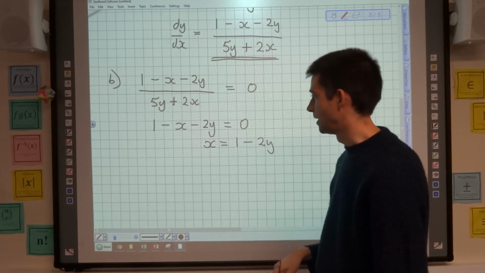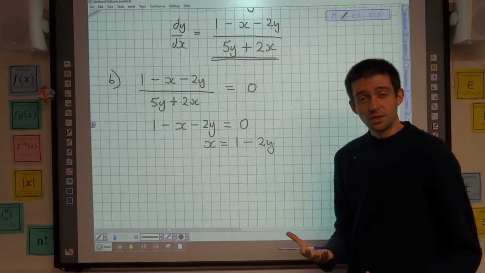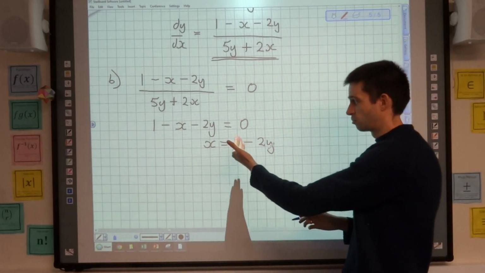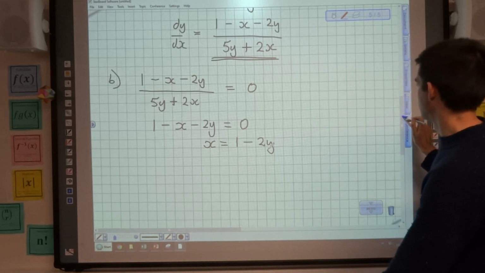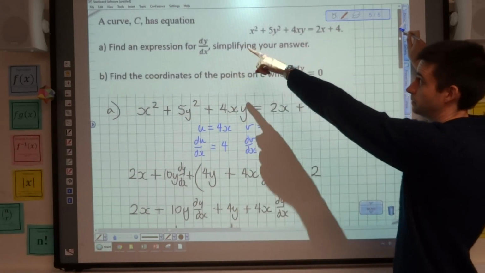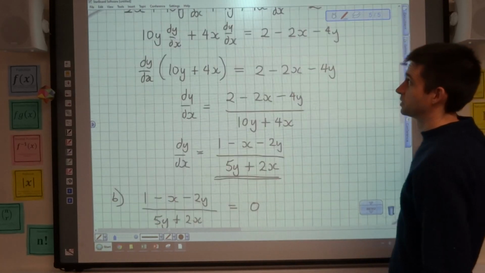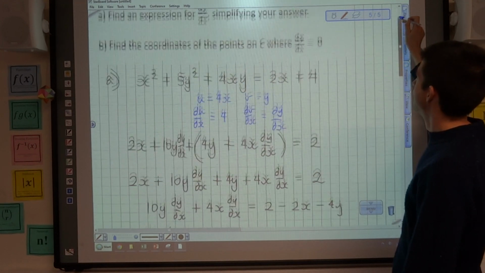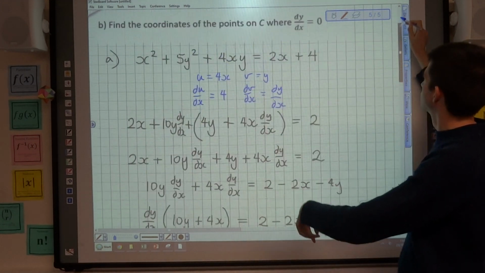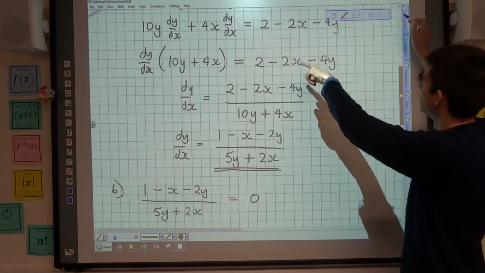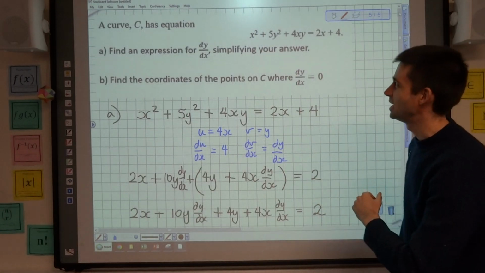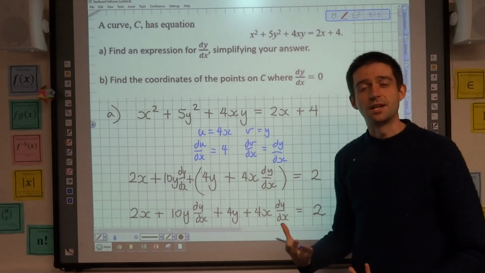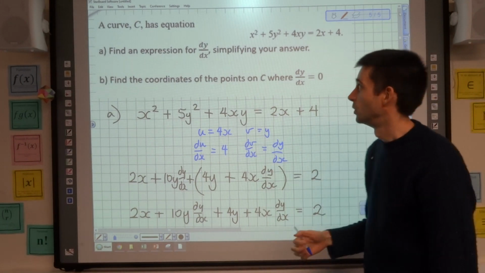And what I'm just going to do is rearrange that to be x equals 1 minus 2y. And the reason that I've done that is I've now got an expression for x in terms of y, and if I now substitute that into my original function, x squared plus 5y squared plus 4xy equals 2x plus 4, got there eventually, then I can use that to find the coordinates of the turning points.